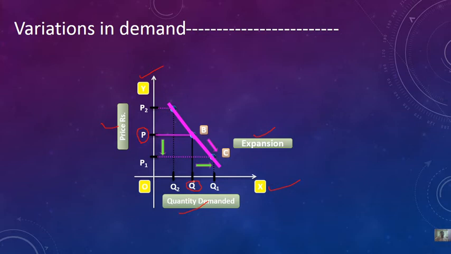There is a fall in quantity demanded due to the rise in price from P to P2, known as contraction in demand. So this is a combined diagram of expansion and contraction, known as variation in demand.